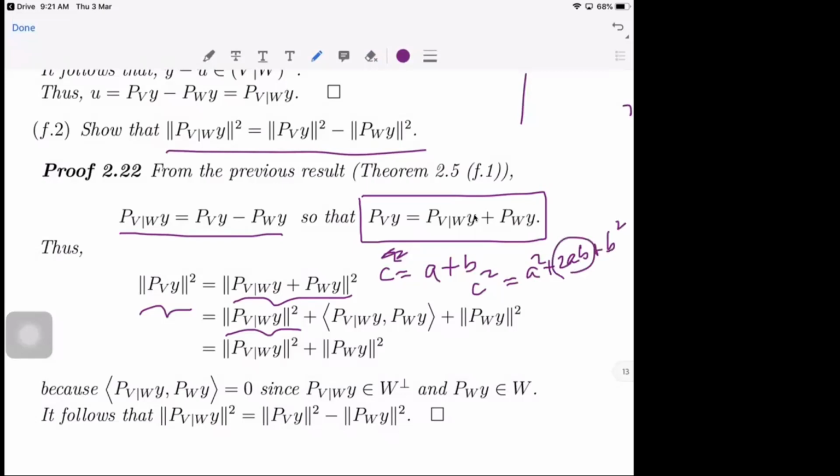But this one is the inner product of the two, but that is just equal to 0, no? That is equal to 0.